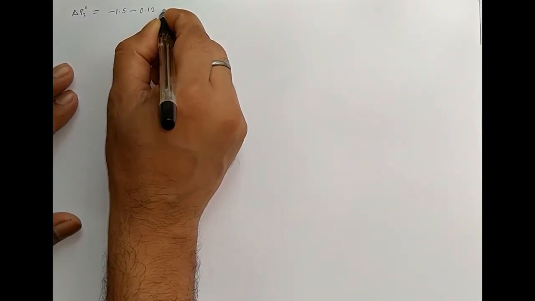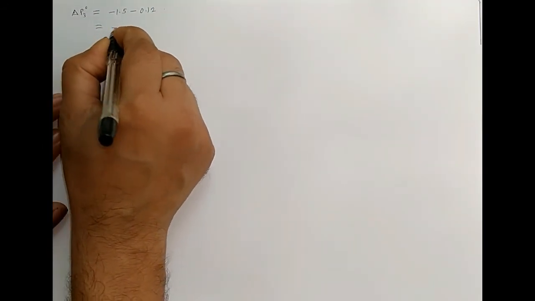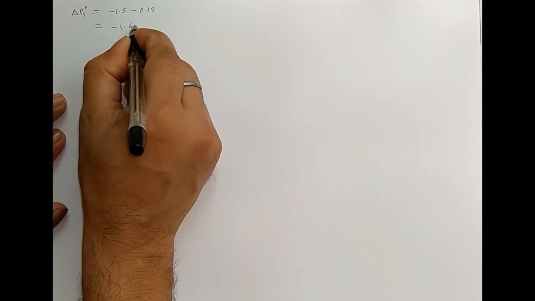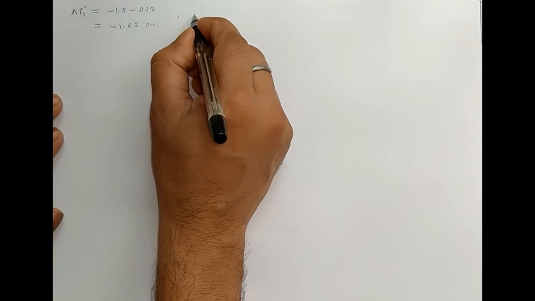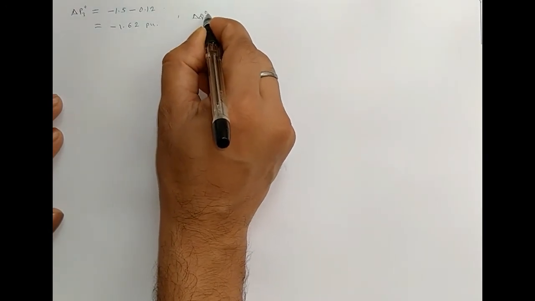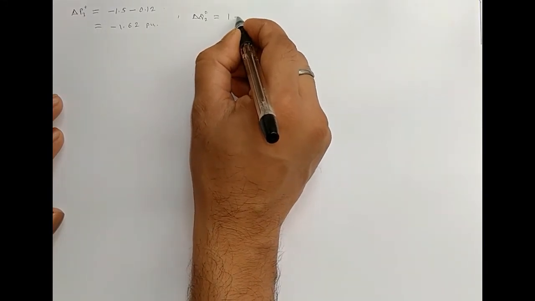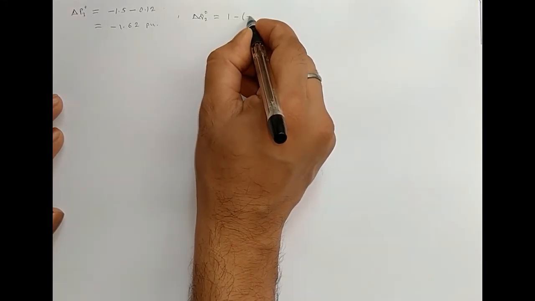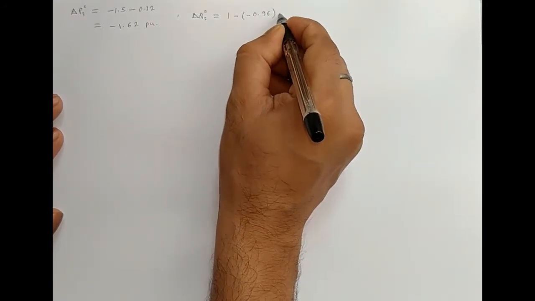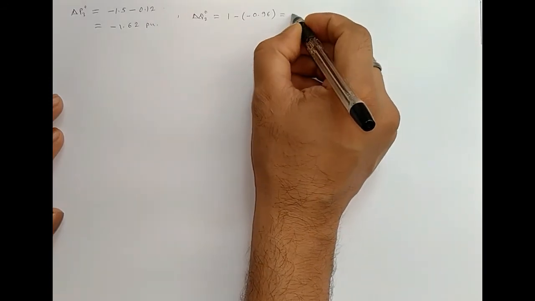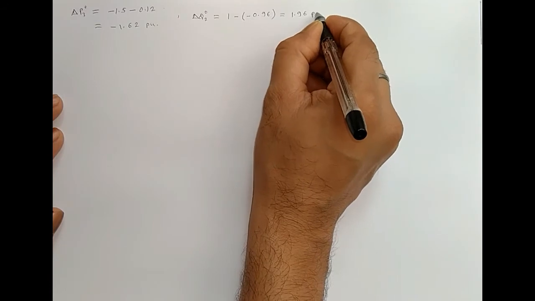So the net value will be minus 1.62 pu. In a similar way, delta Q20 will be 1, that is specified, minus calculated, which was minus 0.96. So this will be 1.96 pu.